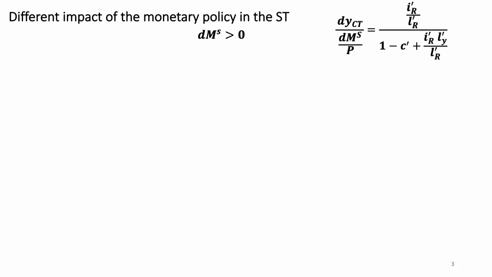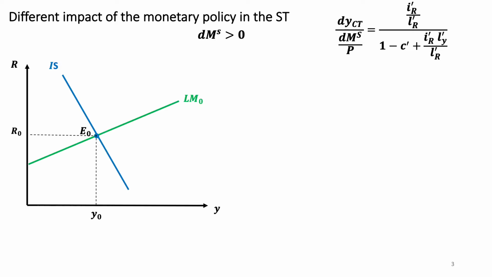Let's now look at the different impacts of the monetary policy in the short term, depending on the slope of IS and LM, or in other words, depending on the values of I'r and L'r. First, let's focus on LM. The flatter LM is, the more the money demand is sensitive to the interest rate.